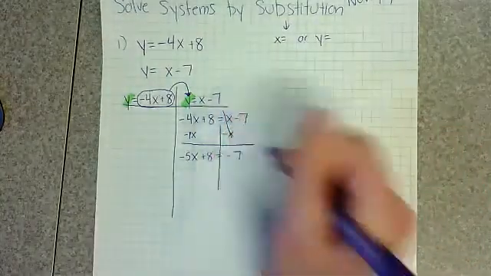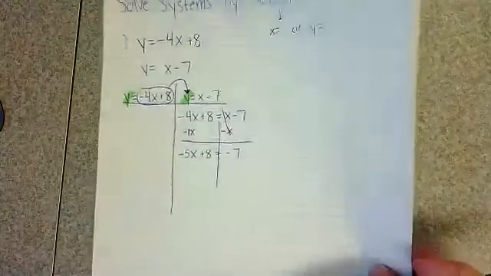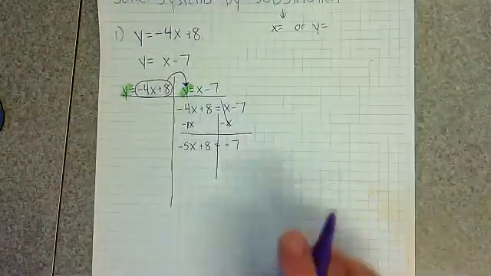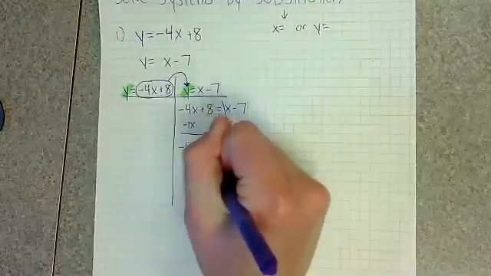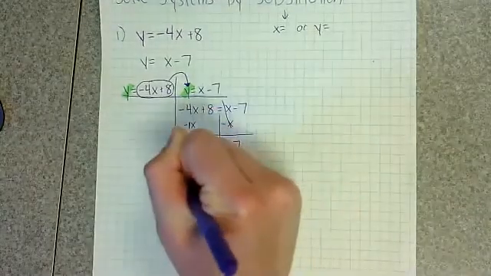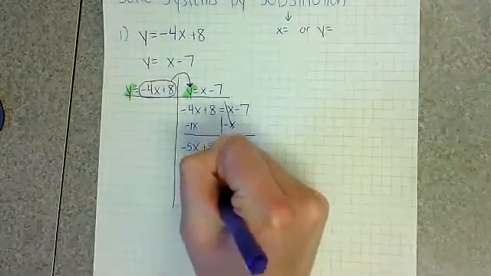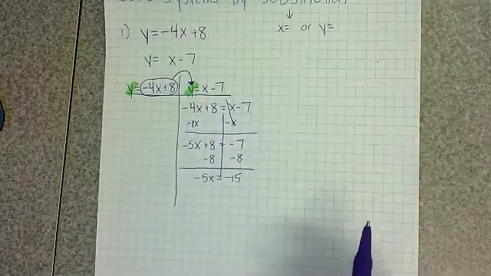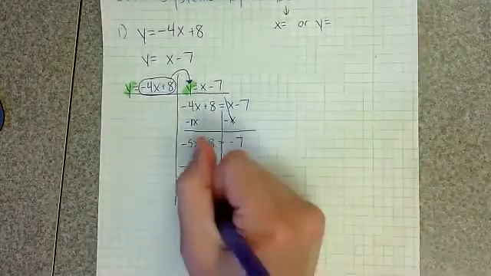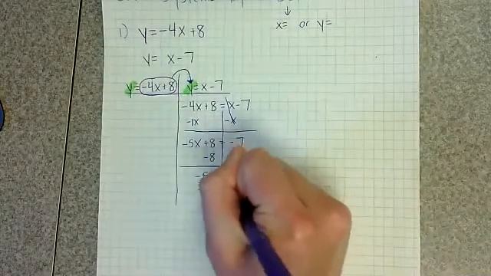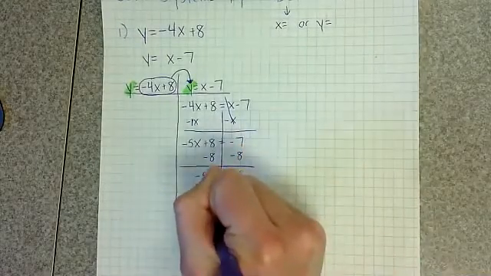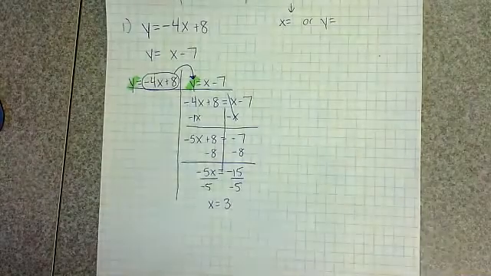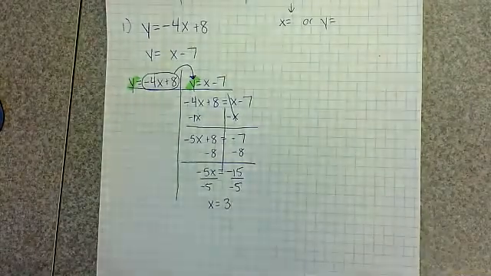And I drop down my negative 7. We're just going back to the beginning of the school year where we solved for x. Move my 8, it's a positive, so I'm going to subtract. Divide, watch the negative signs. And we end up with x is equal to 3.